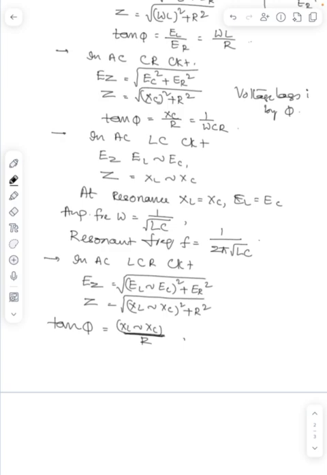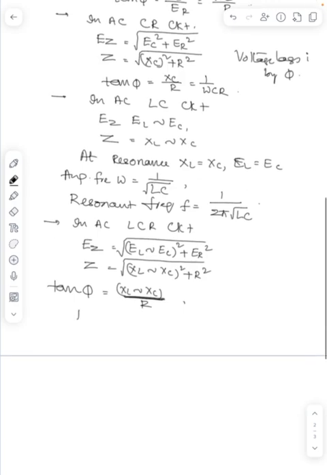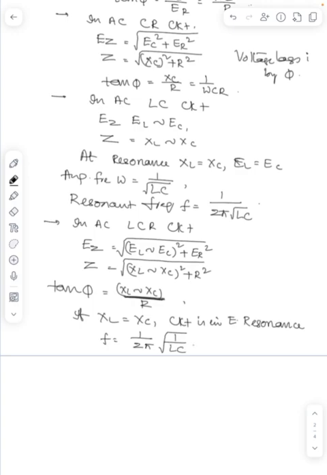XL less than XC acts as a CR circuit. If XL equal to XC, the circuit is in electrical resonance. Resonant frequency F equal to 1 by 2 pi under root 1 by L C. This is the frequency of the LCR circuit at resonance.